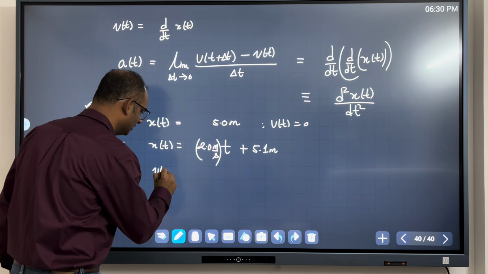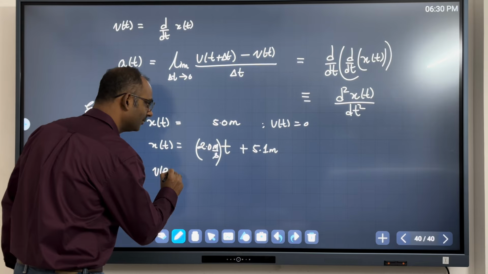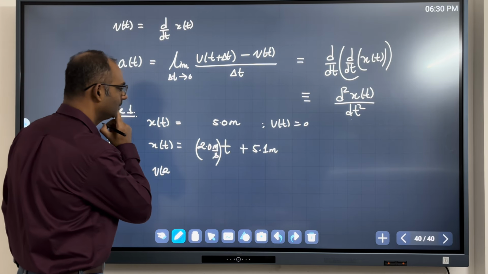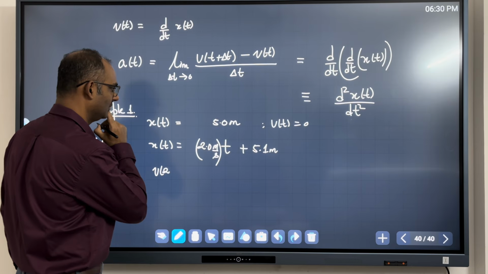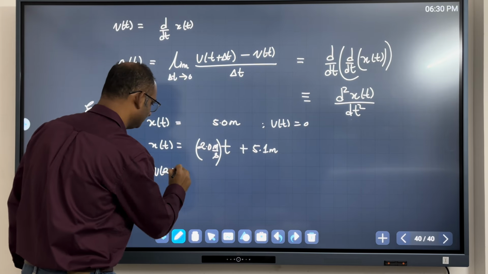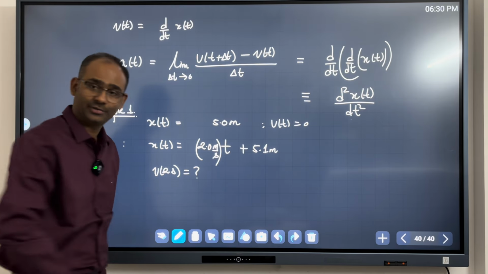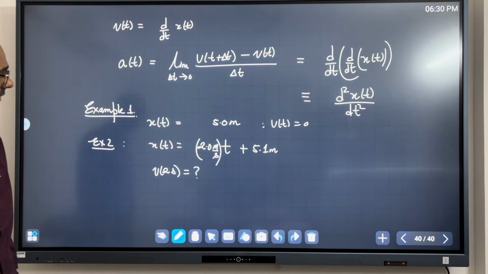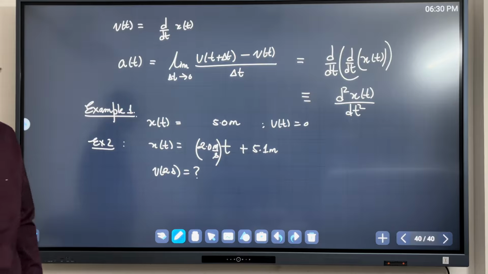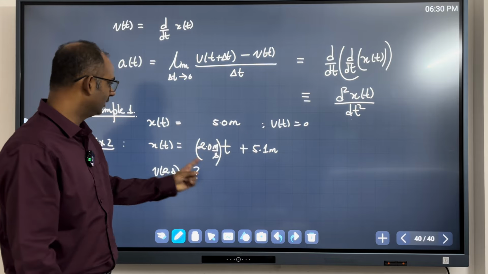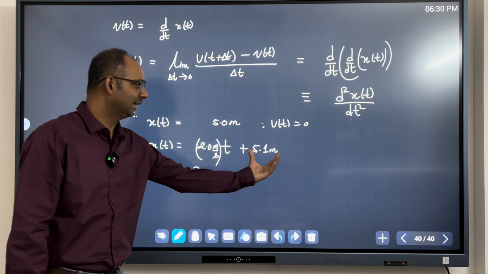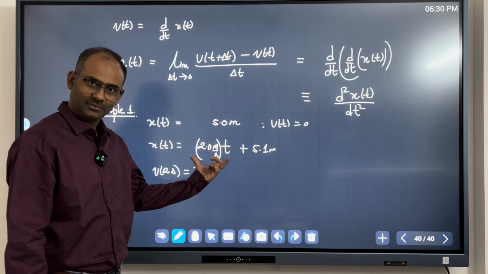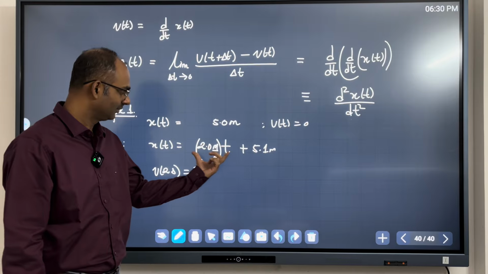What's its speed at 2 seconds? Can you find it out? Done? 2 meters per second. Very nice. Because when you take the derivative of this, which gives you the speed, the derivative of a constant is 0, and the rest is 2 meters per second times 1, equal to 2 meters per second.